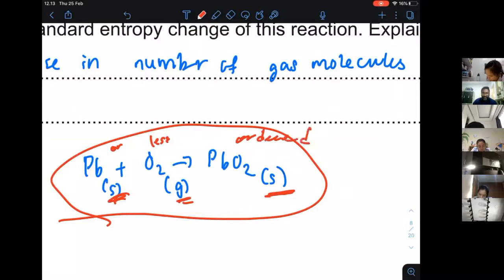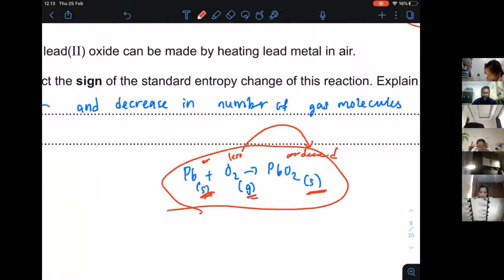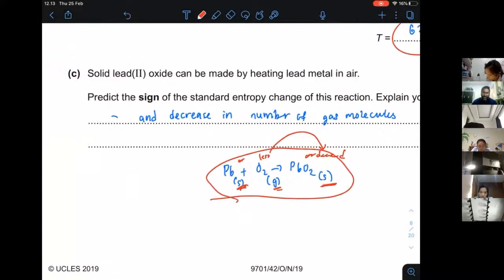So overall everything is getting ordered. If it is getting ordered, it means the sign of the entropy change is going to be negative. What is entropy? It is a measure of randomness, or a measure of disorder.